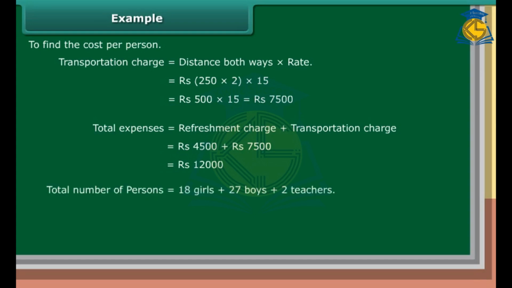Total number of persons is equal to 18 girls plus 27 boys plus 2 teachers, which is equal to 47 persons. The amount spent for one person is equal to ₹12,000 upon 47, which is equal to ₹255.